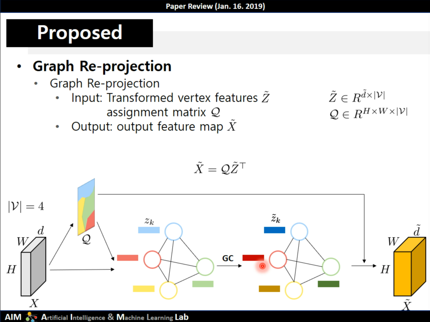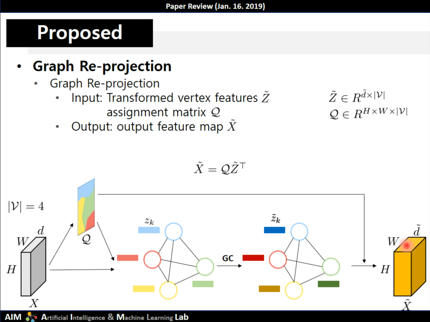Finally, graph reprojection interpolates the vertex features into a 2D feature map by reverting the pixel to vertex assignment matrix Q from the graph projection step. Graph reprojection takes the input of transformed vertex features Z tilde and the assignment matrix Q from the graph projection step and produces the 2D feature map X tilde.